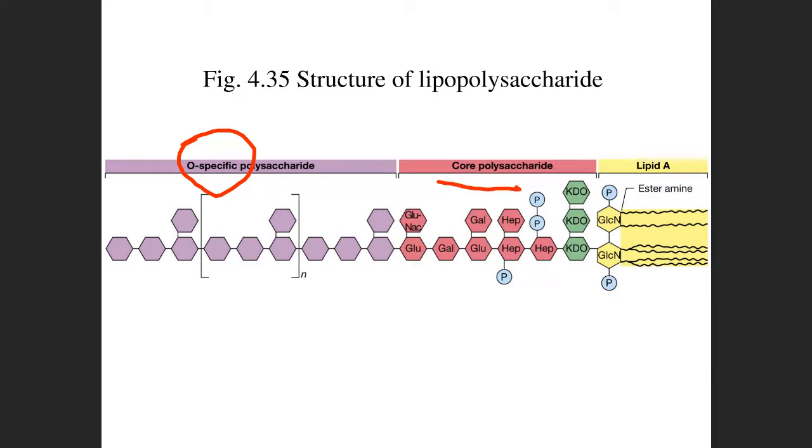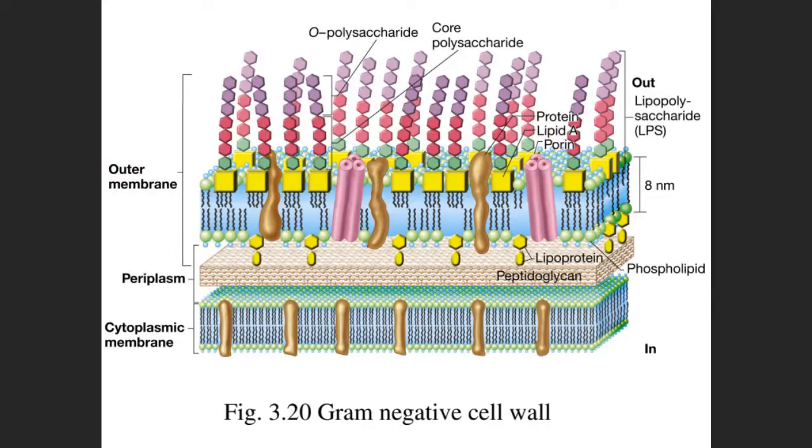The core is the same, lipid A is the same, so only this part is different. Okay, and we'll come back to the impact of this lipopolysaccharide later. So that's where the gram-negative and gram-positive differ in the outer membrane.